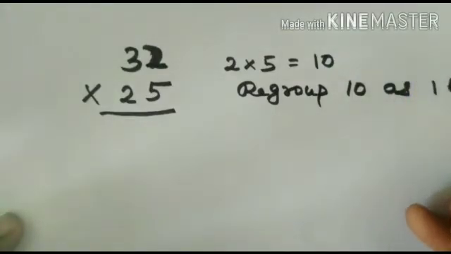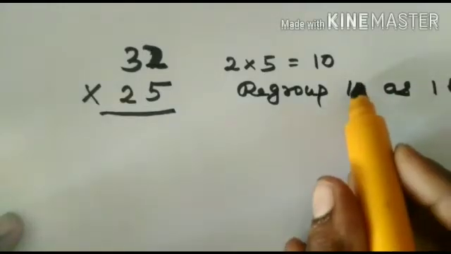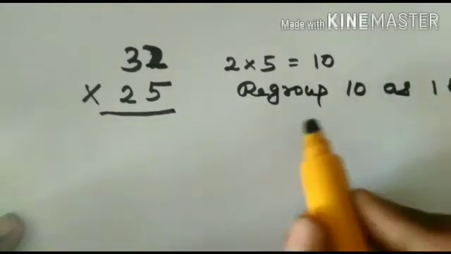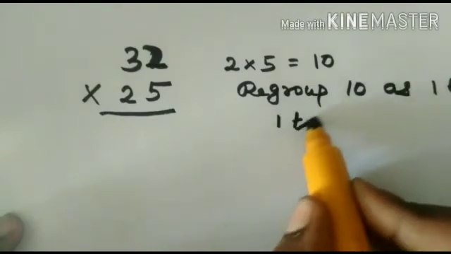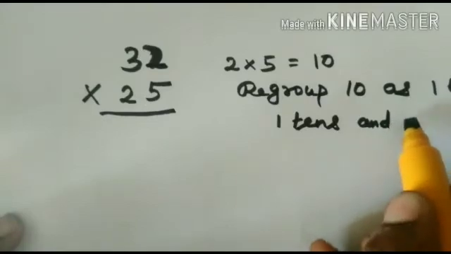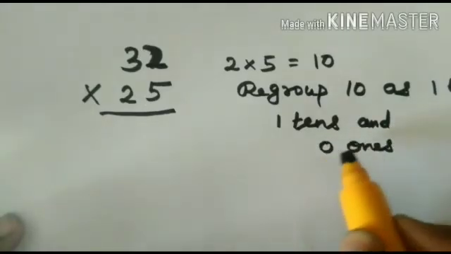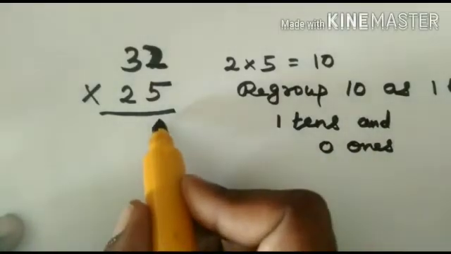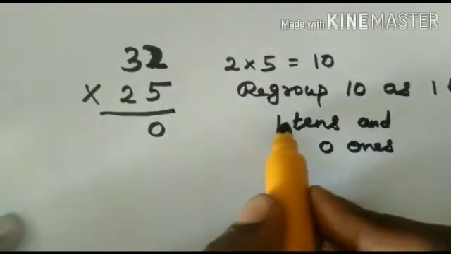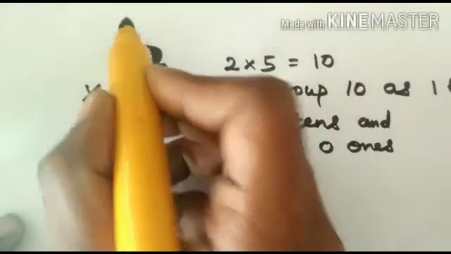Children, you should regroup 10 as 1 tens and 0 ones. You have to write 0 in the ones place and 1 will go as a carry to the tens place.